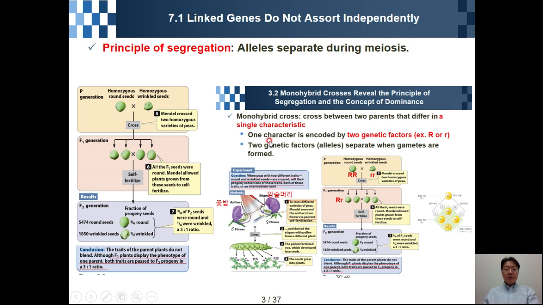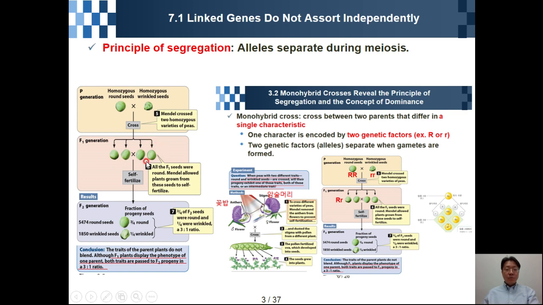One characteristic is encoded by two genetic factors, two alleles: one is large RR, the other is small rr. In the F1 generation, all of the phenotype is round.